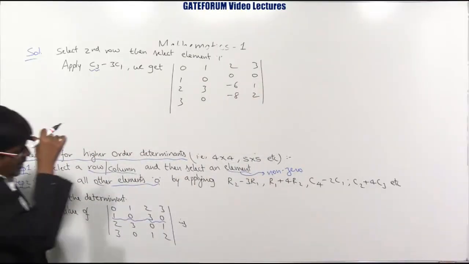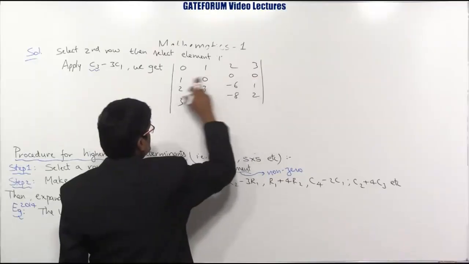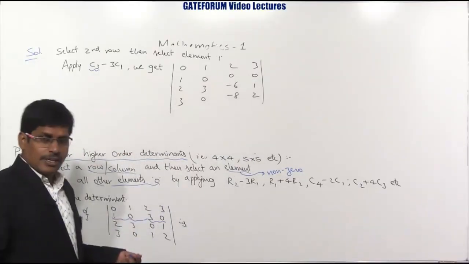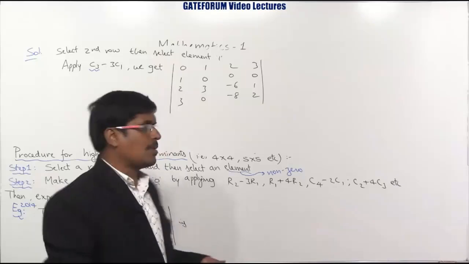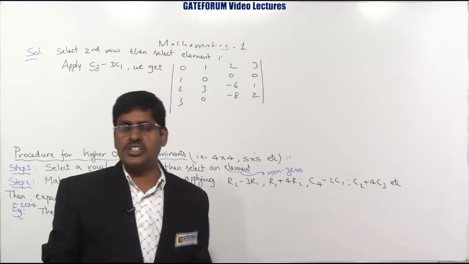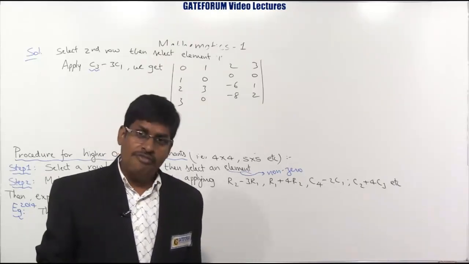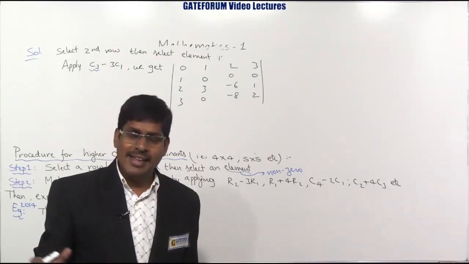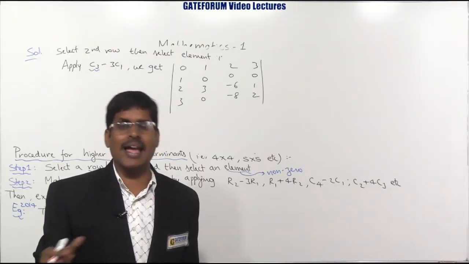Now I have made all other elements zeros in the selected row. So expand the determinant. Use the definition of determinant. What is the definition of determinant? Every element multiplied by its cofactor and then sum. Sum means adding.